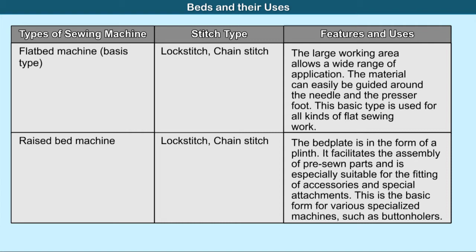The first type of sewing machine bed is the flat bed machine. This is the most basic or common type of sewing machine. The stitch type in flat bed is lock stitch or chain stitch. Features and uses.